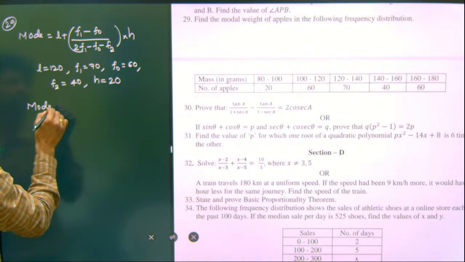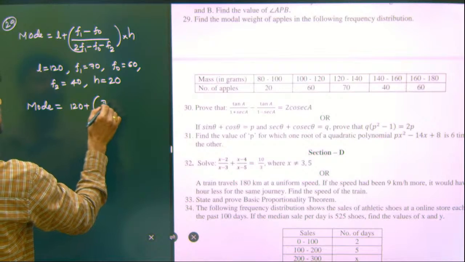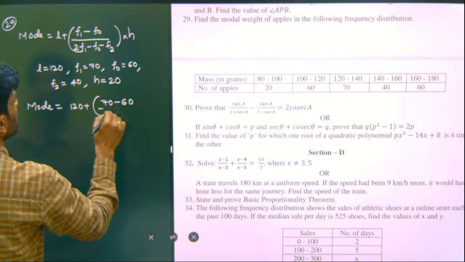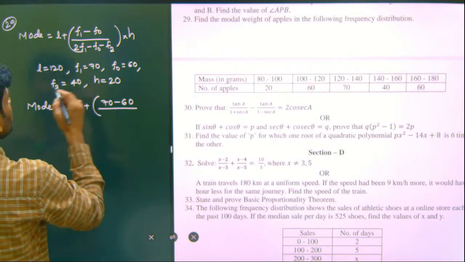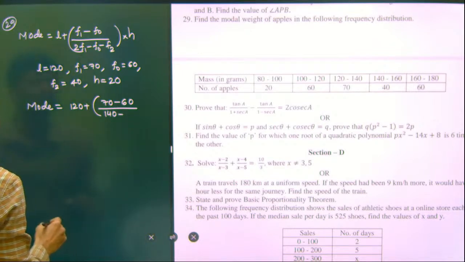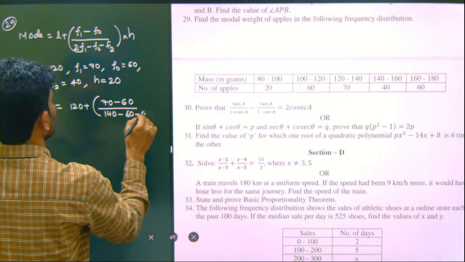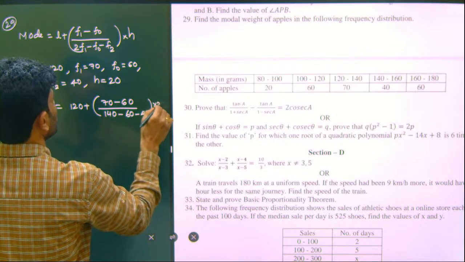Mode is equal to 120 plus (70 minus 60) by (2 into 70, 140 minus F0 60, minus F2 40) into 20.